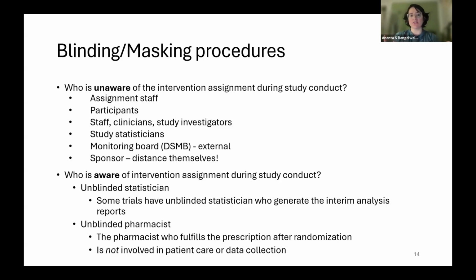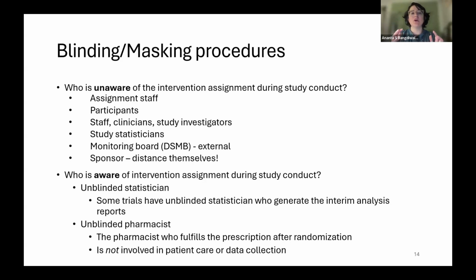So during the trial, during study conduct, who's unaware of the intervention assignment? Pretty much everyone. The staff, the participants, clinicians, and study investigators. Many study statisticians are blinded during the study. The DSMB board, the sponsors, for sure, the sponsors distance themselves and are not aware of the intervention.